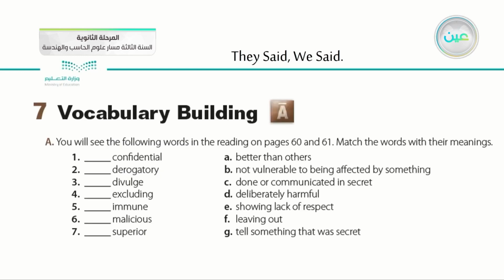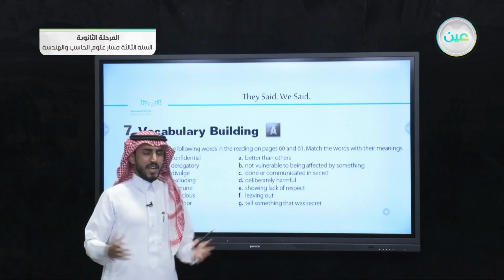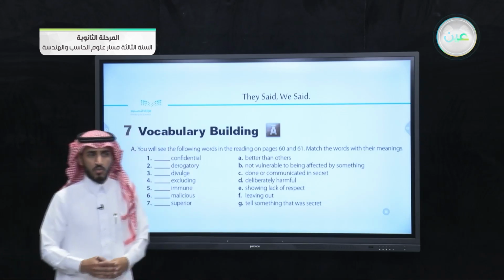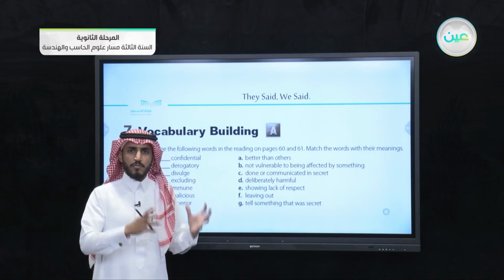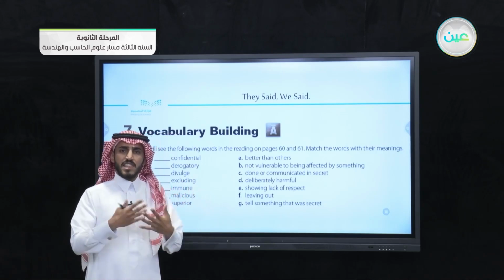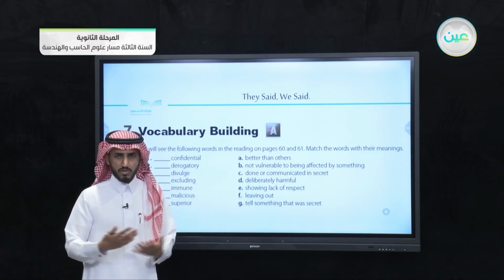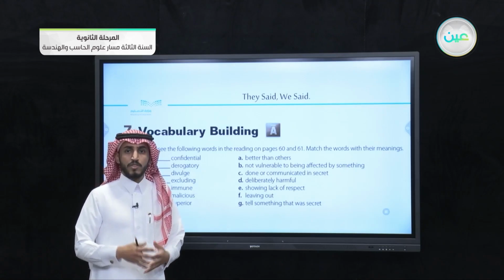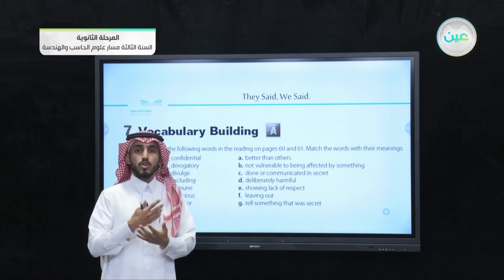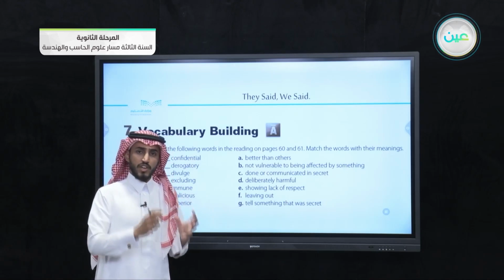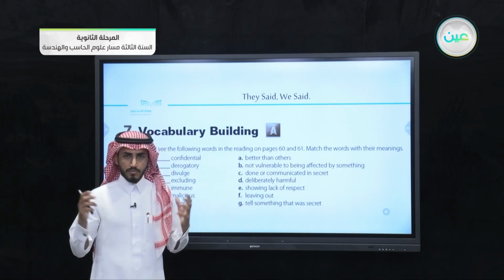After that, in the vocabulary building, we had 7 words that were extracted from the essay that we are going to read together in our lesson today. We listened to this essay together, and you were asked to guess the meaning of each one of these words.